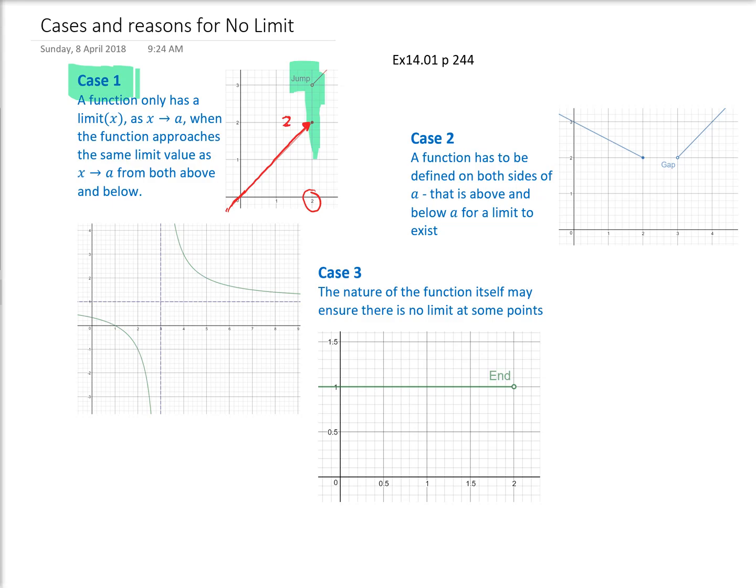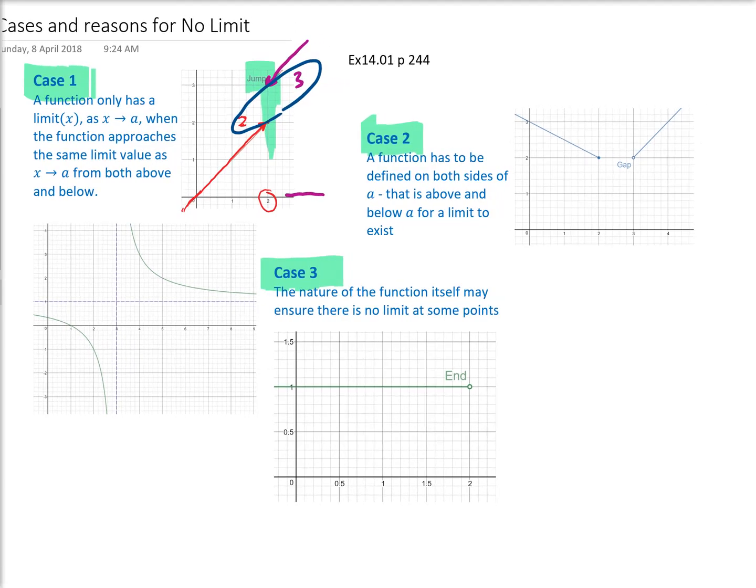As the function approaches 2 from above, it approaches 3. Because these numbers do not match up, there is no limit. Case 2 is sort of similar to case 3 in a way.